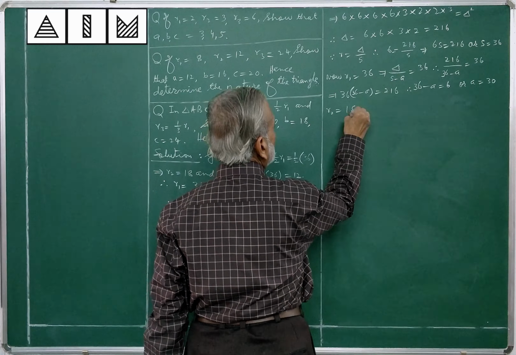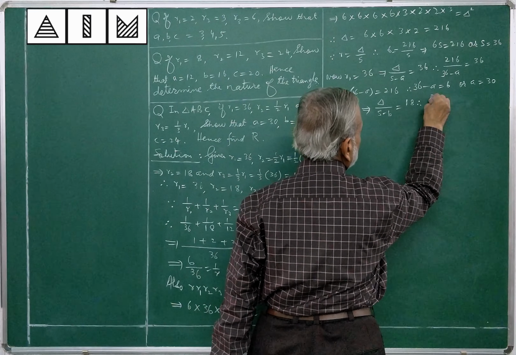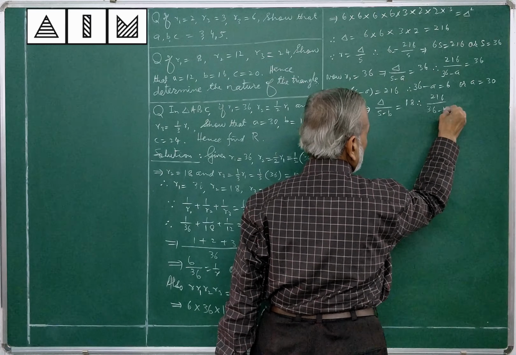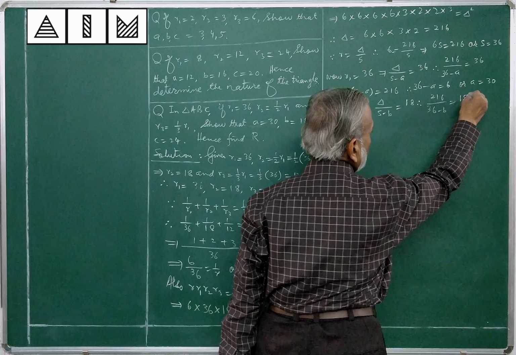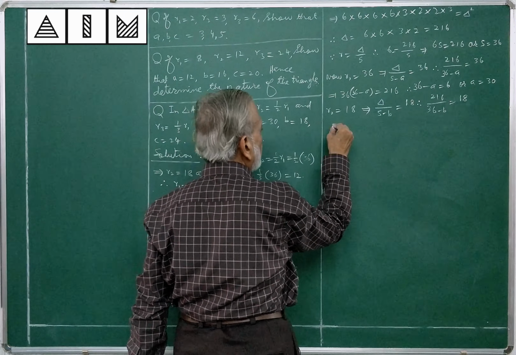R2 is equal to 18, R2 is delta by S minus B is equal to 18. Delta is 216, S is 36, is equal to 18. Substituting for delta and S as before.